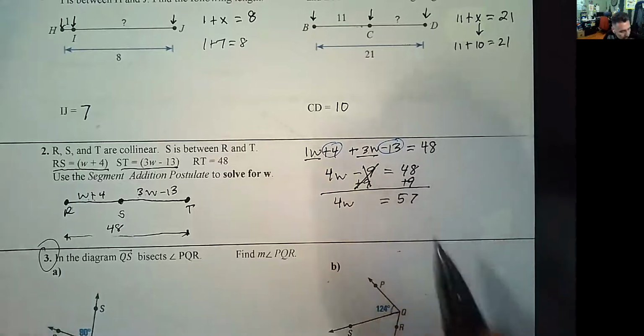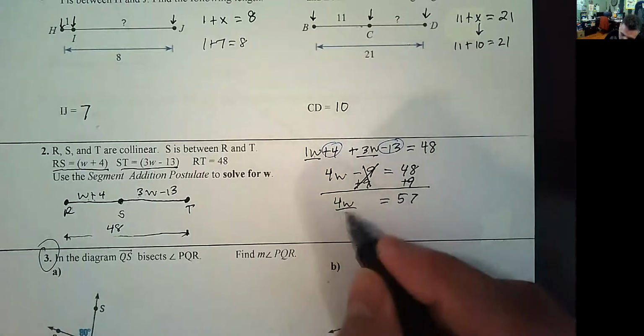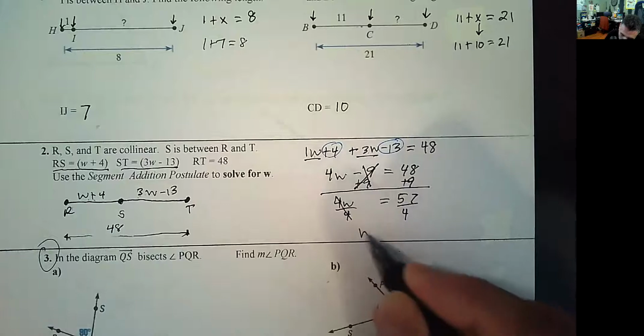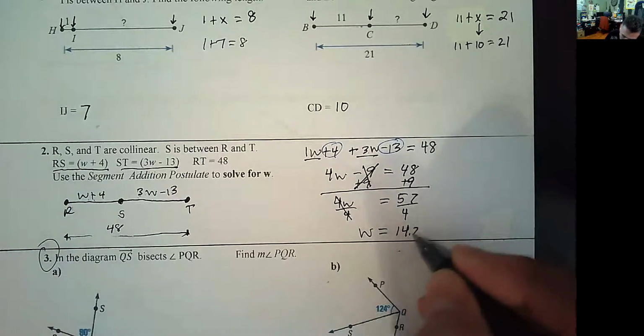And we get 57. And then you have 4 times W. Again, the inverse of times would be divide. So that's the last thing we need to do. W equals 57 divided by 4, 14.25. And that's the value of W.